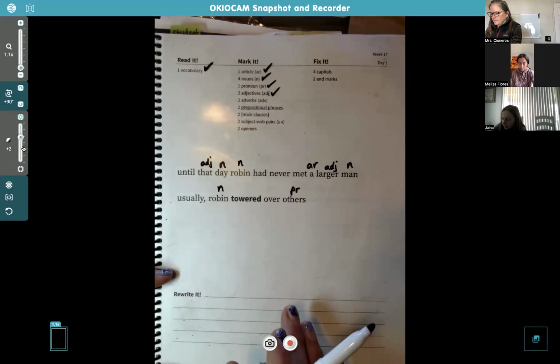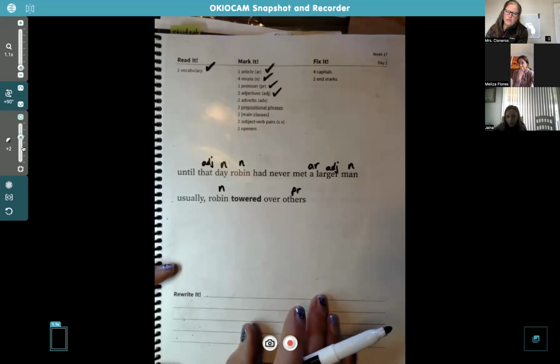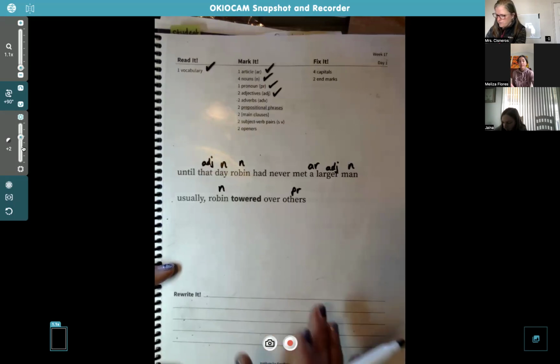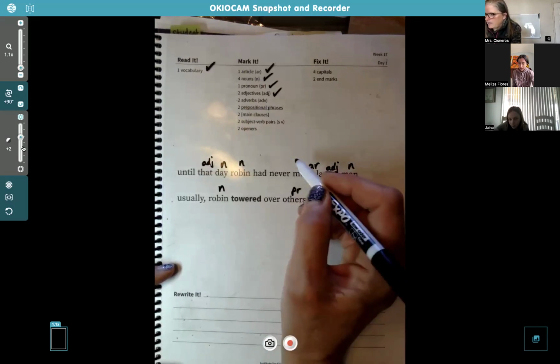Until. No, that's actually going to be a preposition. Well, you know what would help? Let's hold off on those. Let's find the verbs next because that's going to help us find the adverbs. Where are the verbs at? Had. Had is one. Good.